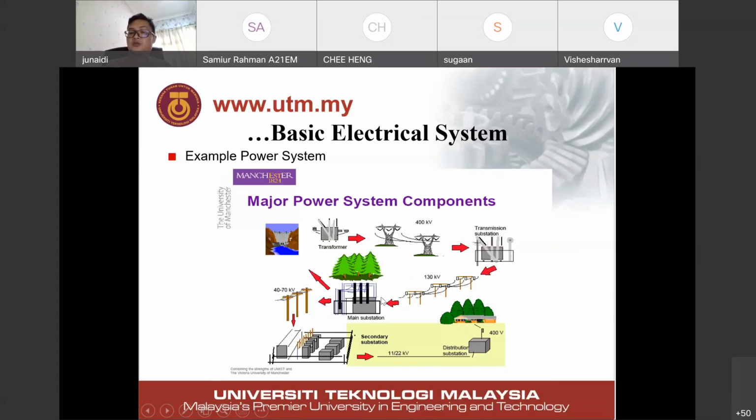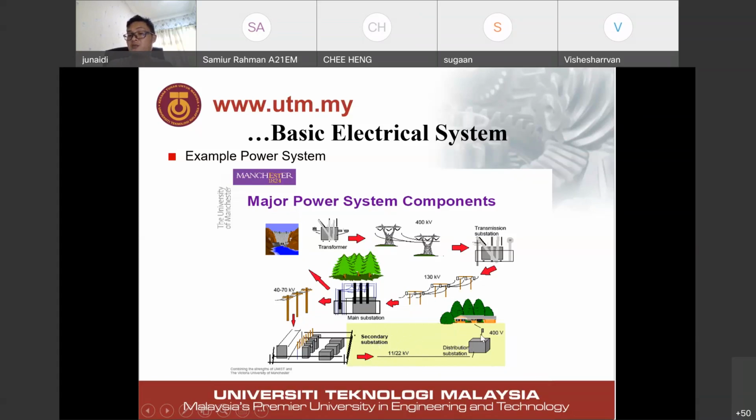Before it comes to your house, you can see here, this is the process: 400 stepped down to 130, then stepped down again to about 40 to 70 kV, and then reduced again to about 11 to 22 kV. So in UTM, we have our so-called secondary substation, which is 11 kV. This is at UTM.